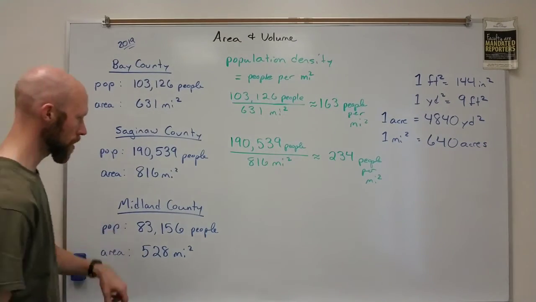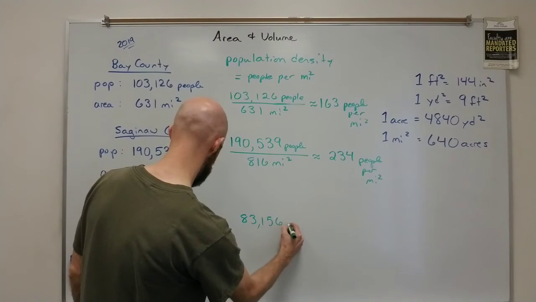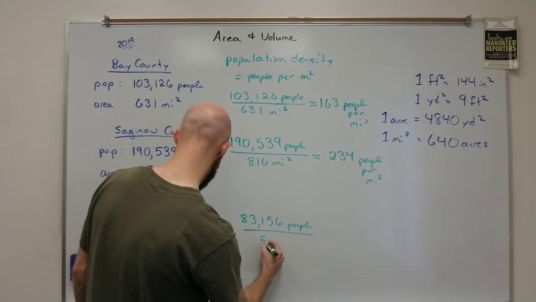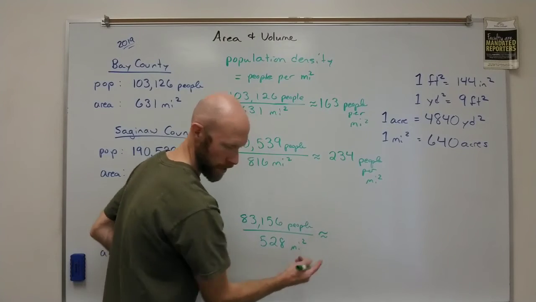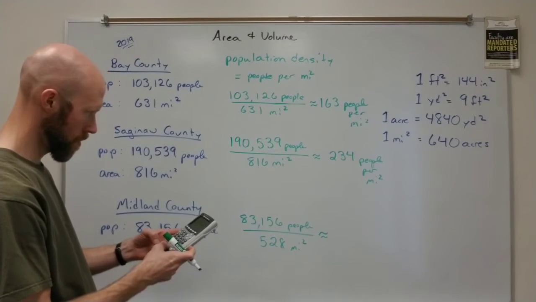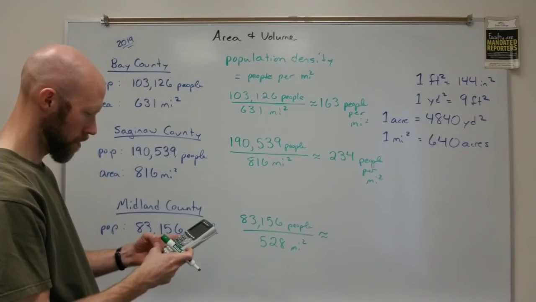Midland County, if we do the same sort of calculation, it's 83,156 people per 528 square miles. And again, this is an approximate value because we're going to round it off. 83,156 divided by 528.